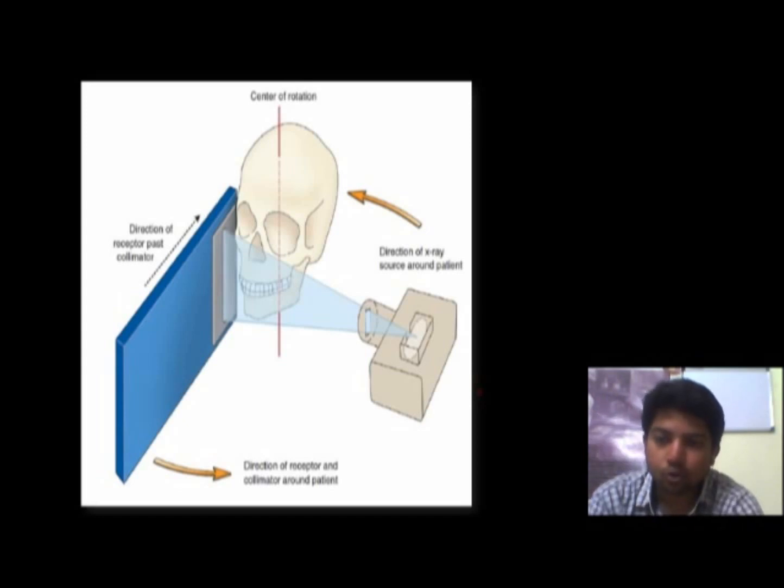So when a slit shaped beam reaches from a distance onto a radiographic film, which moves through the slit shaped passage, it results in formation of an image of a section. So it is called orthopantomography. In orthopantomography, ortho means straight, pan means total, tomography is sectioning. So it is a sectioning image of all the teeth in a straight plane.